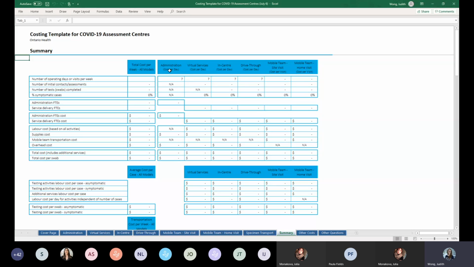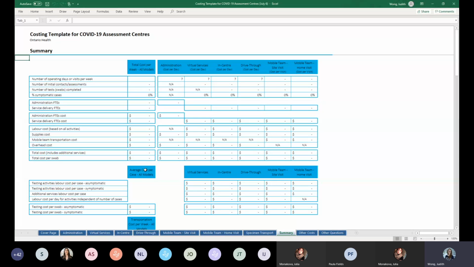So these columns pull data from the previous individual model tabs to collect your volumes, your percentage of symptomatic, your operating days, your FTEs, and your cost, which is per day or per site visit here.